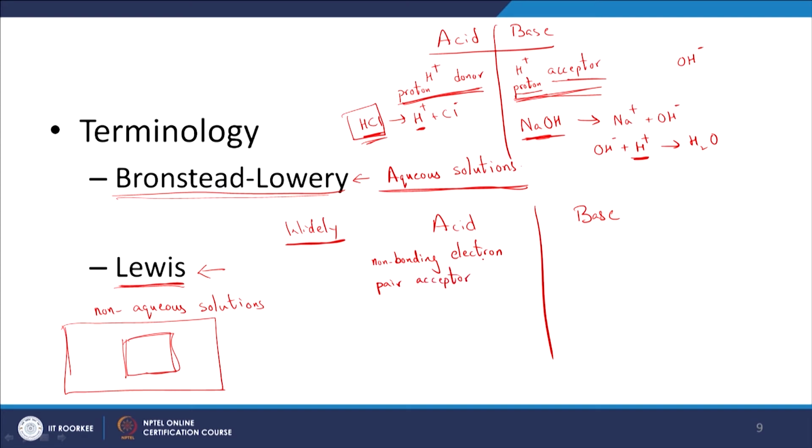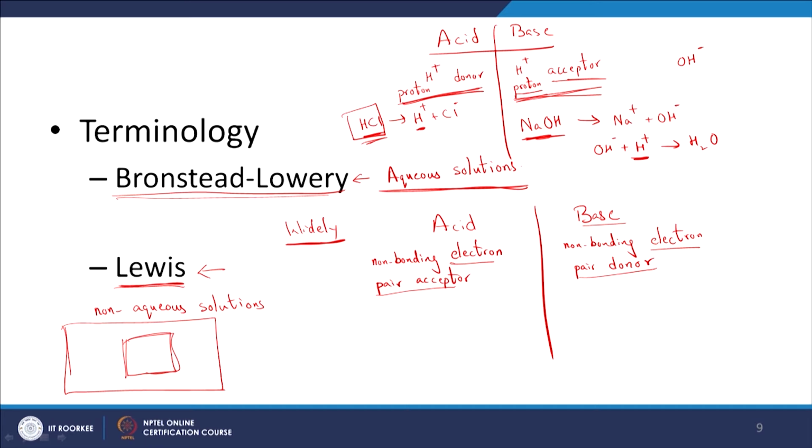So an acid is one which would accept a pair of non-bonding electrons, and in the same case a base is a non-bonding electron pair donor, right. So an acid is one that will accept a pair of electrons, and a base is one that would donate a pair of electrons, a non-bonding pair again, right. So this is one example, I guess.